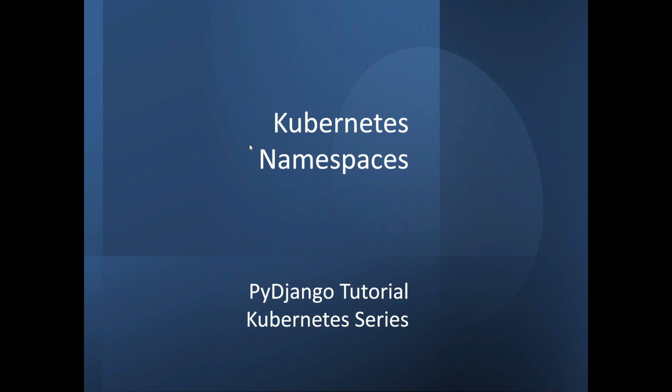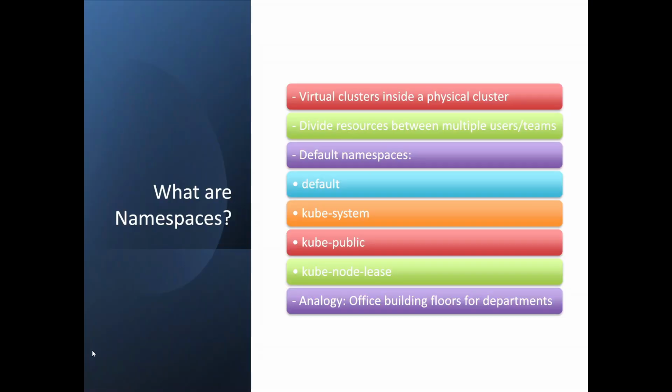So the very first thing is, what are namespaces? Namespaces in Kubernetes are like virtual clusters inside the physical cluster. They allow you to divide resources between multiple users and teams. By default, Kubernetes provides these namespaces. The first one is default, where all your resources go if you don't specify a namespace while creating the resources.